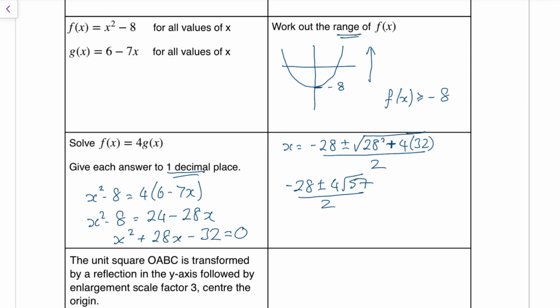If I do the plus version, minus 28 plus 4 root 57 over 2, that is approximately 1.1. Remember, one decimal place in the question. And if I do the minus version, minus 28 minus 4 root 57 all over 2, that is minus 29.1 to one decimal place. And that's it, 2 answers. It does say give each answer to one decimal place, a bit of a clue that there are 2 answers. And I'm happy with that one, yeah, that's fine.